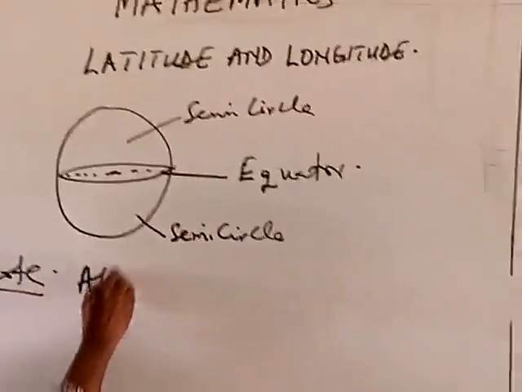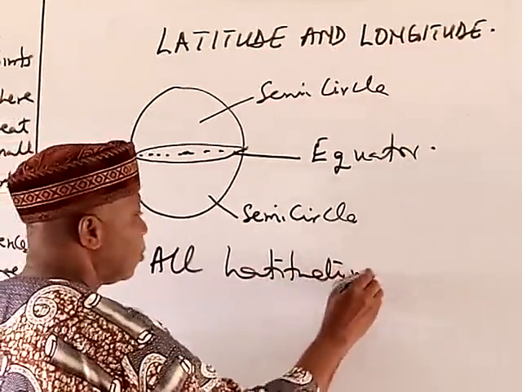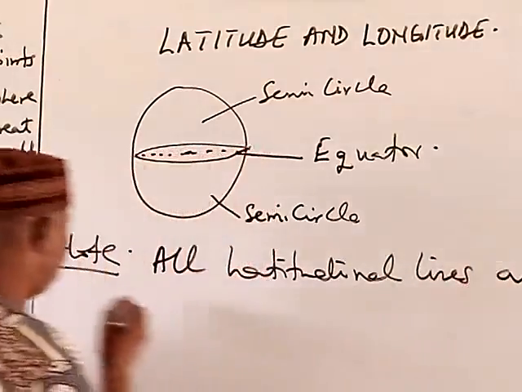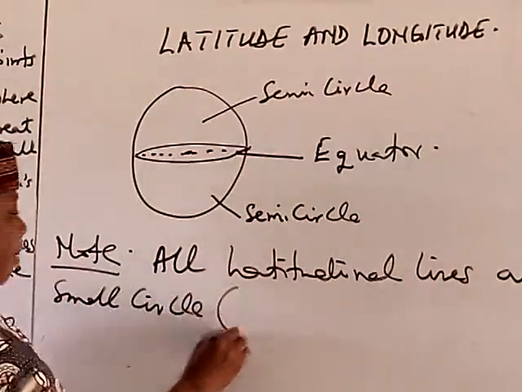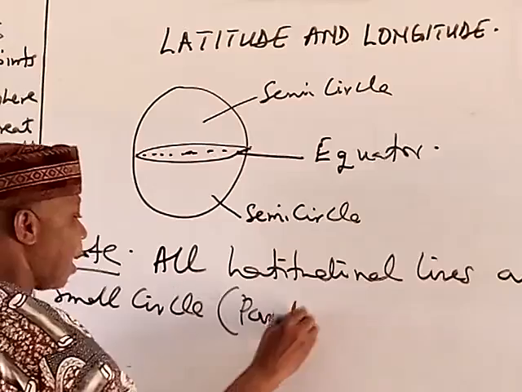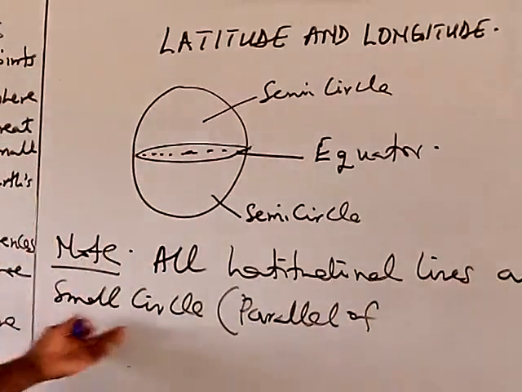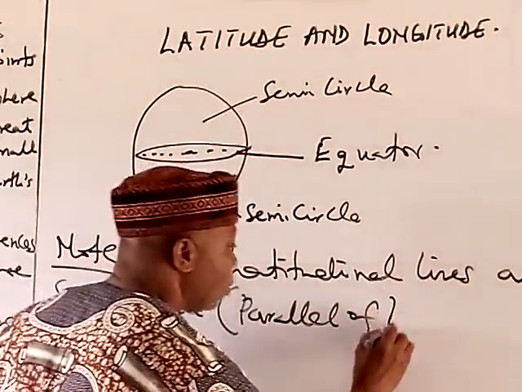Note, all latitudinal lines are small circles, or we call them the parallels of latitude. At times in the exam, you might be asked to find the distance along the small circle or parallels of latitude.